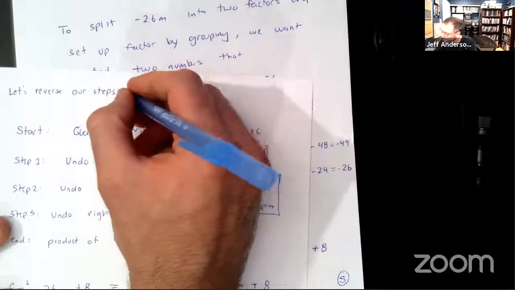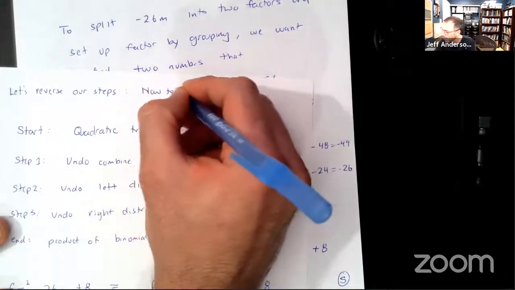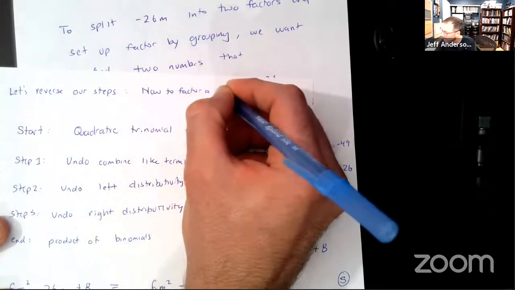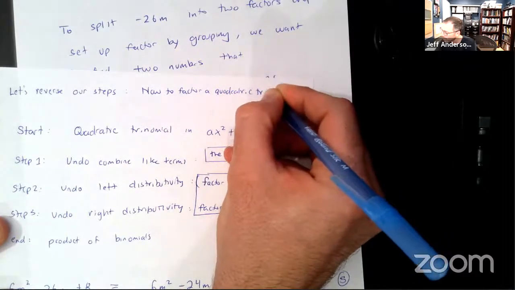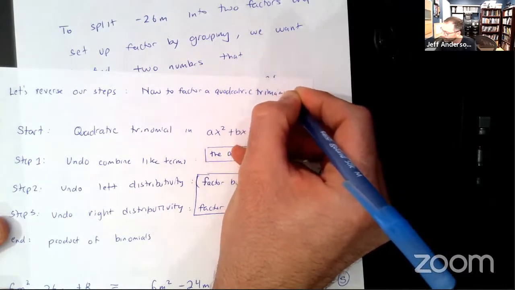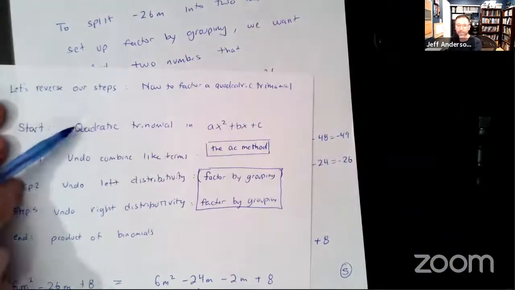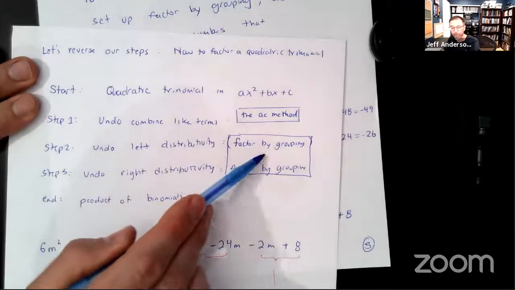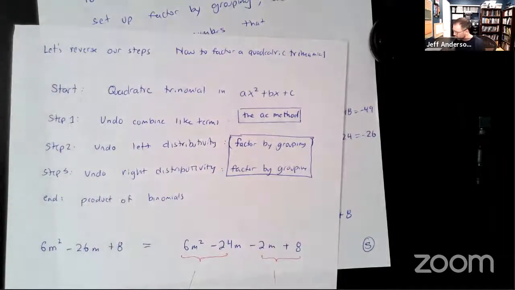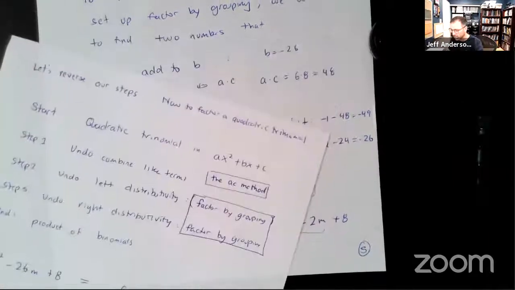This is also called how to factor a quadratic trinomial. Well, we start with a quadratic trinomial, we run the AC method, then we factor by grouping, and then we end with our product of binomials. That's the mechanism. So let's go ahead and write that out in general.